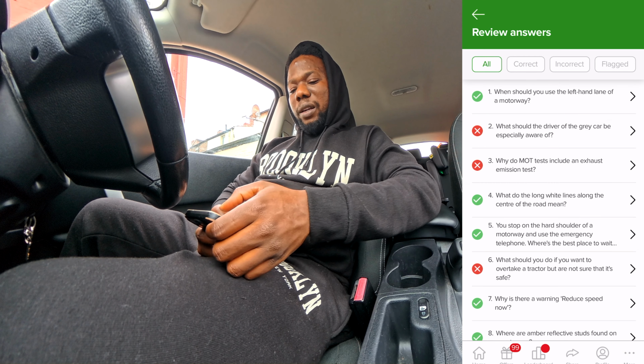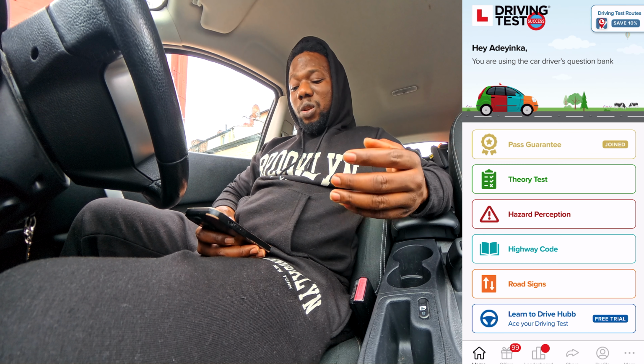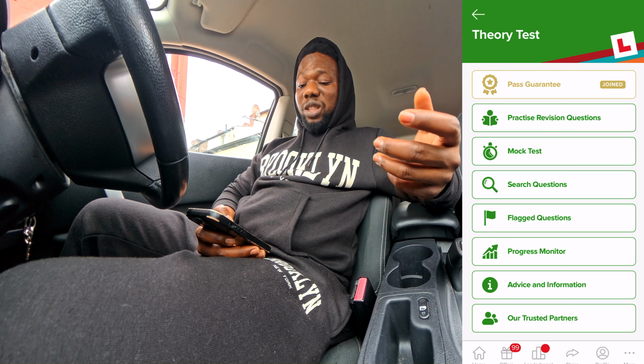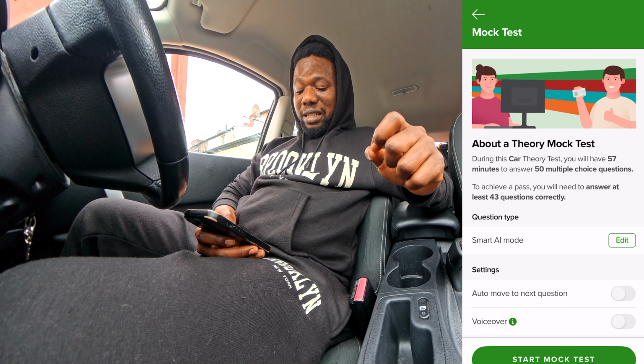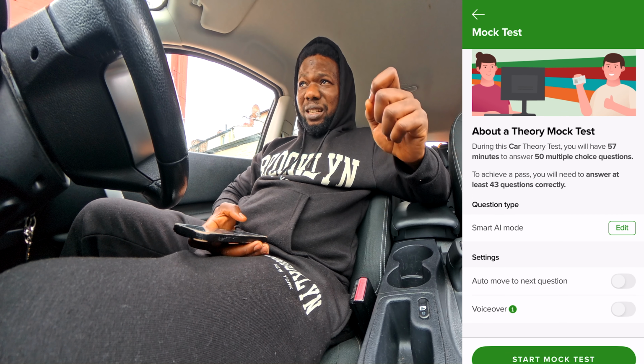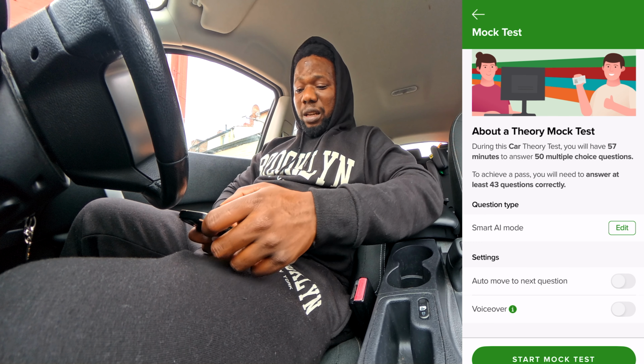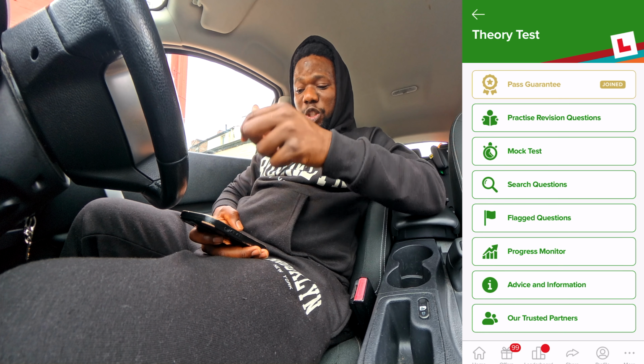Now when it is close to your actual theory test, I would advise you should start doing the mock test, because realistically there are some questions in the mock test that are not in the practice revision questions.